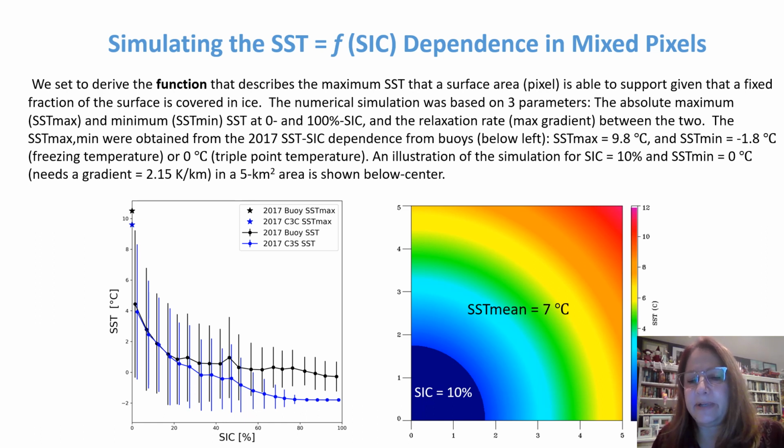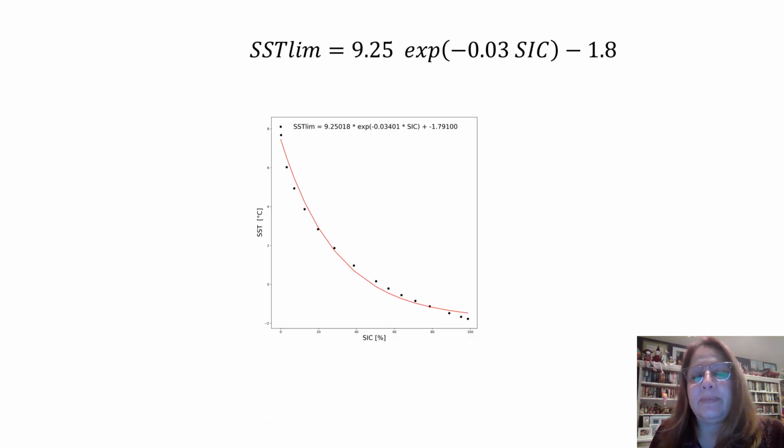This is for a given sea ice concentration of 10%. So we repeat the simulation for all concentrations between 0 and 100%, and in red is the fitted line that we obtain. We call this the SST limit, and this is going to be our parametrization.